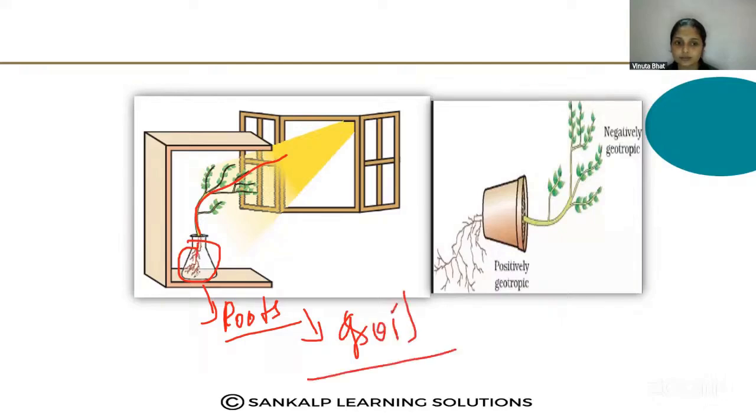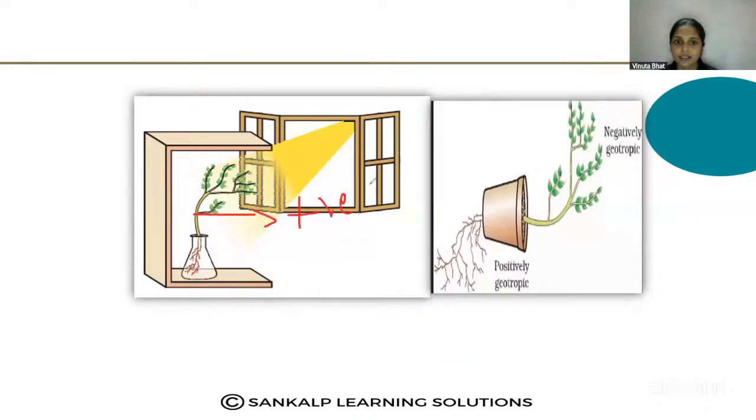So that is growing towards the soil and opposite to the light, so it is called negatively phototropic. Don't get confused: the stem growing towards the light is positively phototropic, and the root is negatively phototropic.